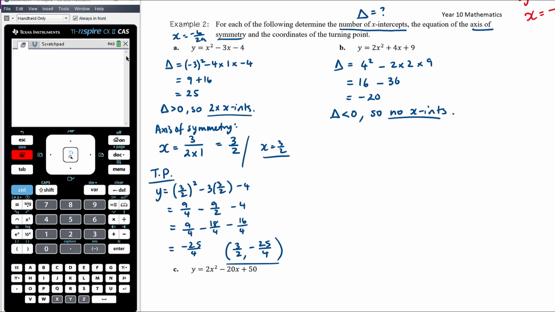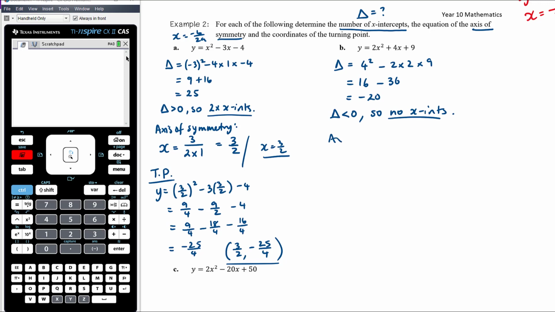So if you've got no x-intercepts, thinking about the previous video where we used the x-intercepts to find the turning point, if you've got no x-intercepts, you're not going to be able to find the turning point. So you could complete the square and get it to turning point form, but actually we now have, using negative b on 2a, another way that we can get to the turning point.